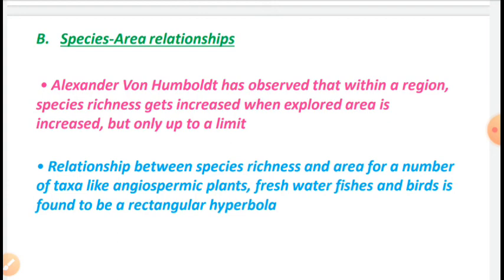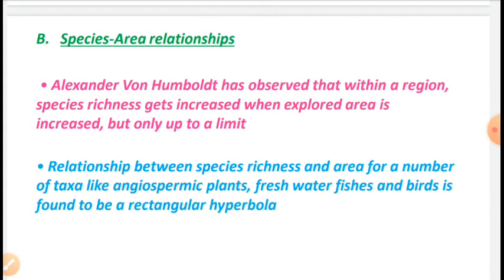In fact, the relation between species richness and area for a wide variety of taxa, that means angiosperm plants, birds, bats, freshwater fishes, turns out to be a rectangular hyperbola.